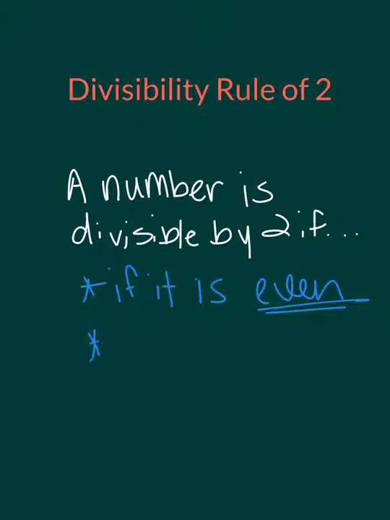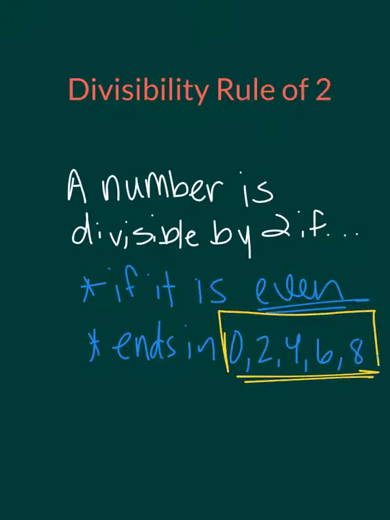It means that the number can be divided by 2, it's a multiple of 2, and it ends in 0, 2, 4, 6, or 8. So if a number ends in 0, 2, 4, 6, or 8, that's how we know that A, it's even, and B, it's divisible by 2.